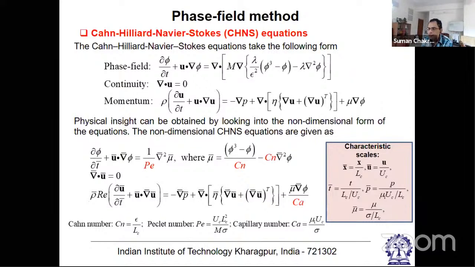The whole idea of showing this model is that starting from a very simple problem, a simple fluid-fluid interface, you can actually add more complexity to the problem by adding more terms in the free energy description.